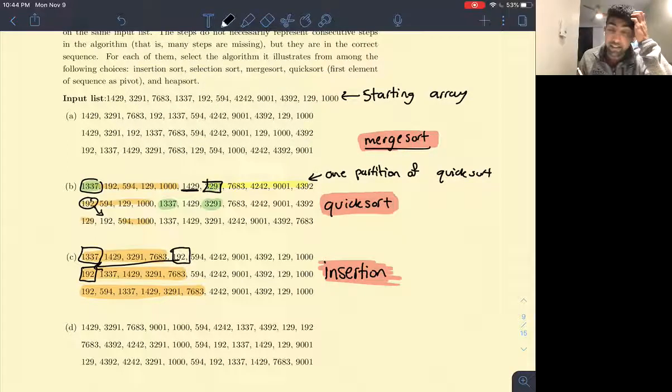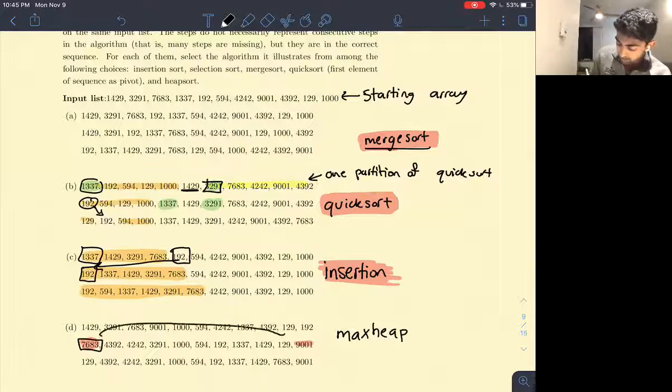Why we have the biggest element, or not the biggest element, the second biggest element. Let me correct myself. It makes sense why the second biggest element is on the left, because in heapsort, what we do is create a max heap. So in the process of creating a max heap, what we should notice is that we put the biggest element at position 0, such that when it's removed, it moves to the end.